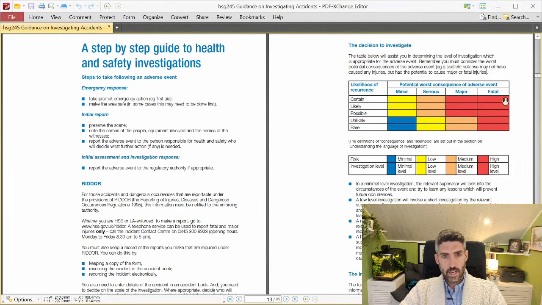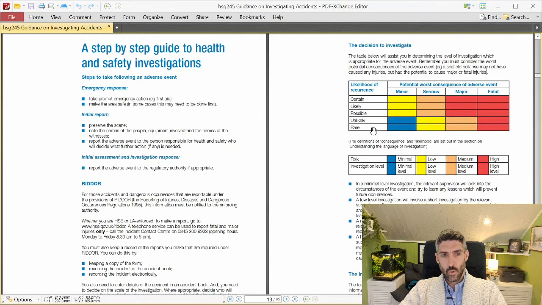Now what you'll see here is a colour-coded system, so if you end up in the red, then that's a high level investigation. And what you'll notice is that any incident that could cause potential fatal consequences would always be a high level of investigation, regardless of what the likelihood is.